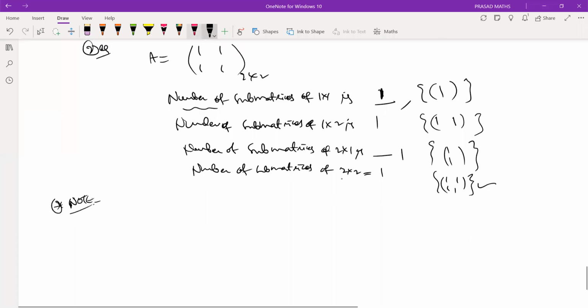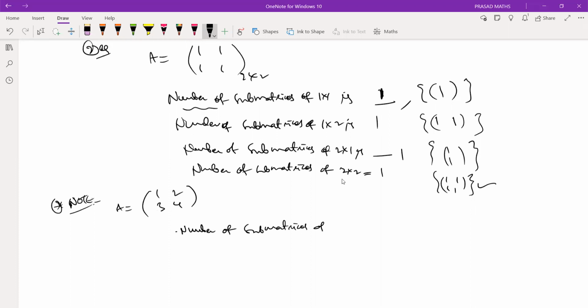Suppose I give this same problem, 1 2 3 4. Is there any formula for the number of submatrices of order 1 by 1? I need 1 row and 1 column. Rows i run from 1 to 2 and columns j run from 1 to 2, but I require only 1 row and 1 column.